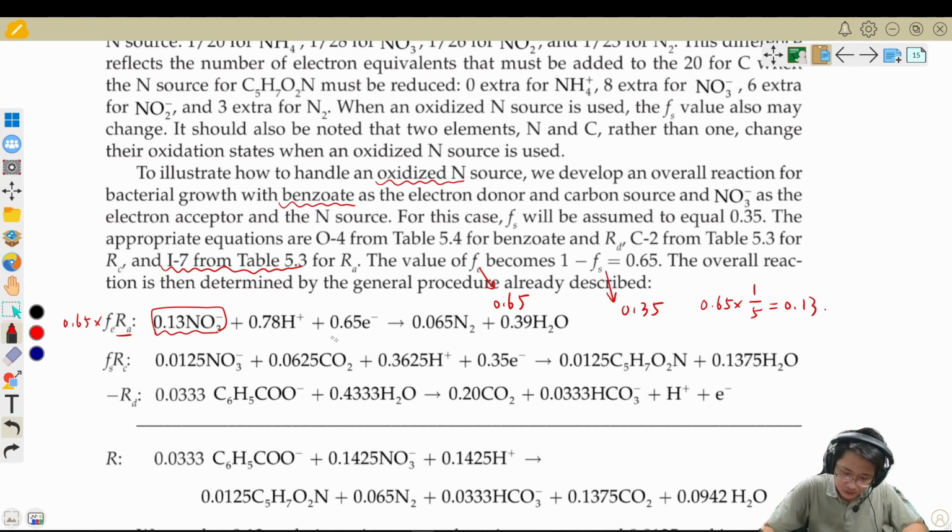Okay, so you will get 0.65 electrons here, and plus the Fs will be 0.35, so you'll get 0.35 electron here, and minus the Rd, so the Rd will be the full half reaction.